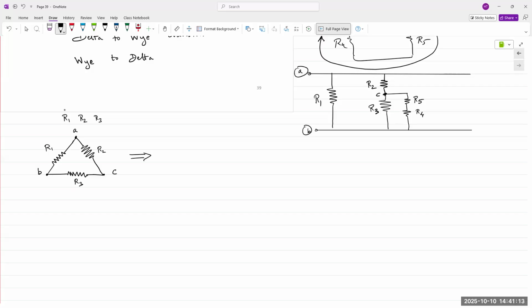And you can change this to still the same thing, A, B, and C, the same three nodes. Because these three resistances, let's call them Rx, Ry, and Rz.